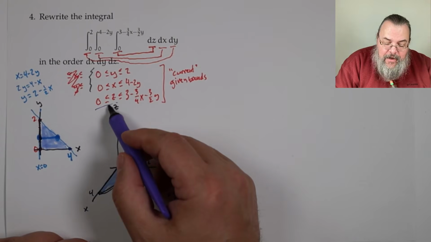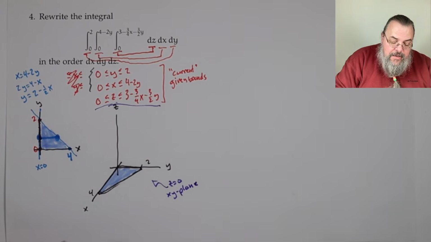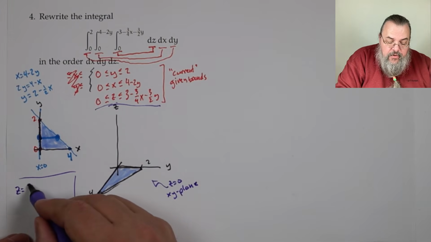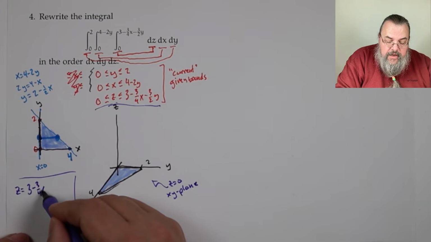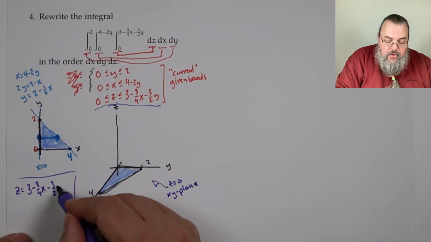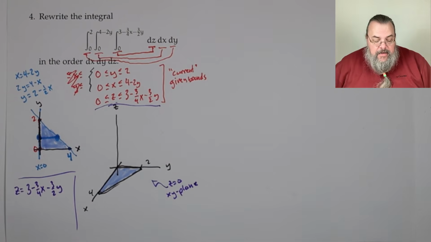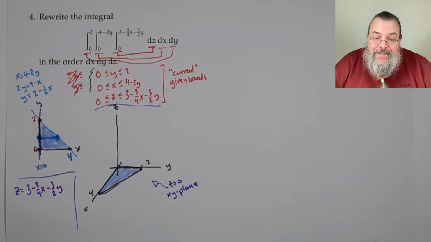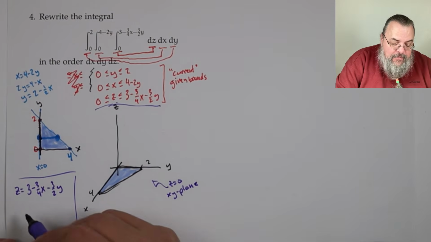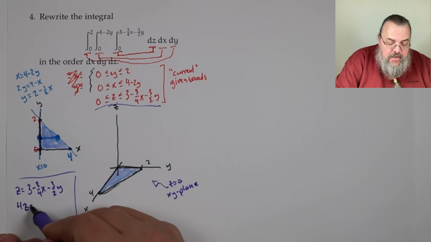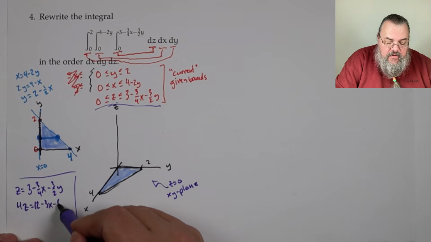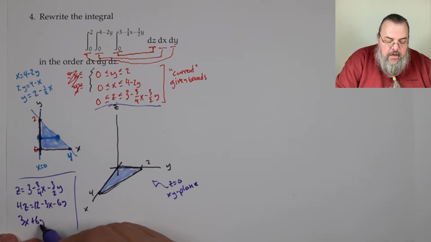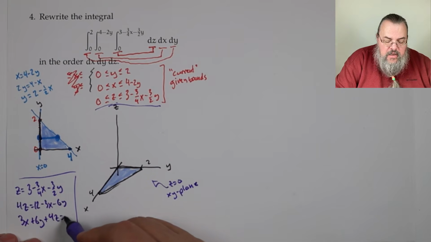Now we have this other part. Well, that's z equals 3 minus 3/4 x minus 3/2 y. And, okay, well, I'm not a big fan of fractions. So multiply through by 4. 4z equals 12 minus 3x minus 6y, or 3x plus 6y plus 4z equals 12.